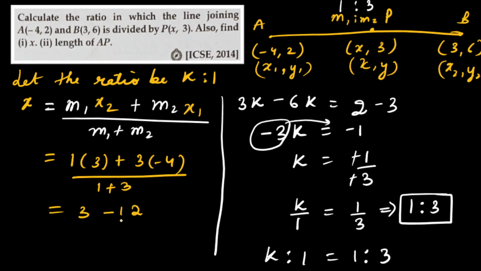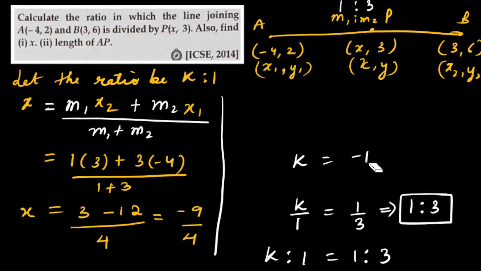Plus 3 minus 12: plus minus is minus, and the sign of the greater number, so minus 9. 1 plus 3 is 4. So minus 9 by 4. So x is equal to minus 9 by 4. Jayashree and Tarun have given the answer. Good. So the x value we are getting is minus 9 by 4.